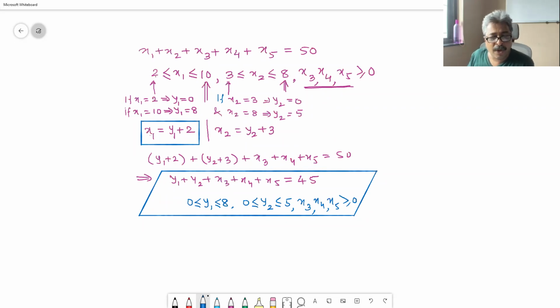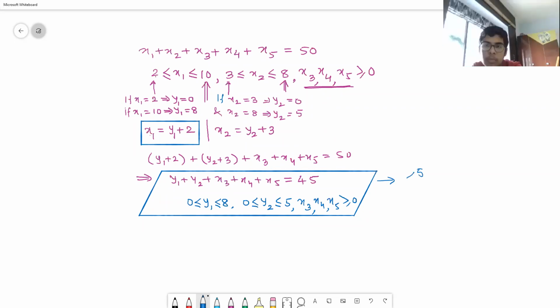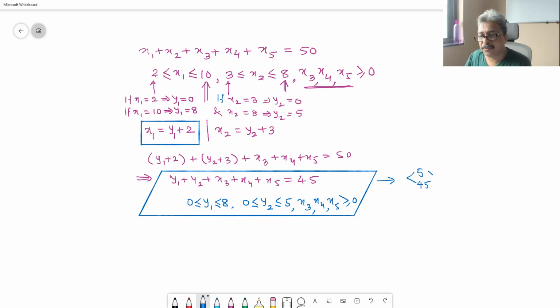So if y1 was starting from 0 and had unlimited supply, and y2 was starting from 0 and had unlimited supply, then the answer would have been 5 will go 45.